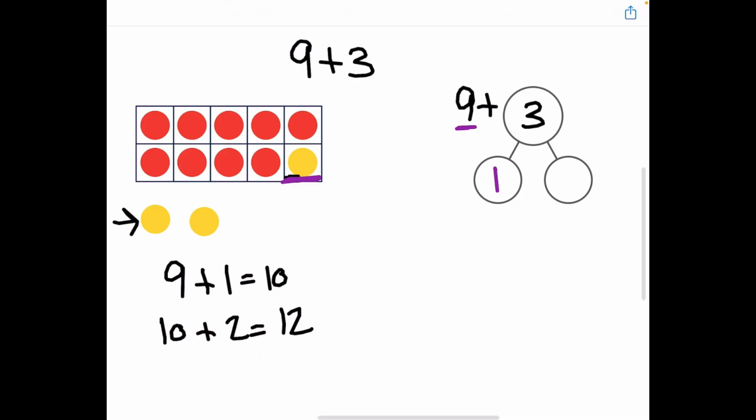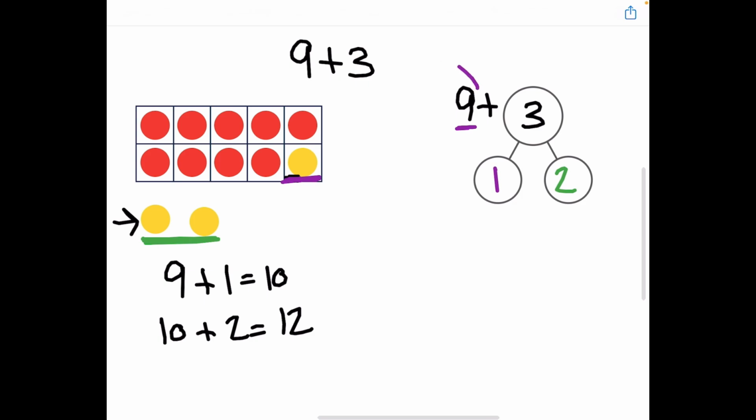Now this is the hard part. Kids are going to have to remember that if I took 1 from the 3, how much more is left? What's the other part? Well, 1 and 2 make 3. 2 is shown right here with these 2 counters that did not go into the 10 frame.